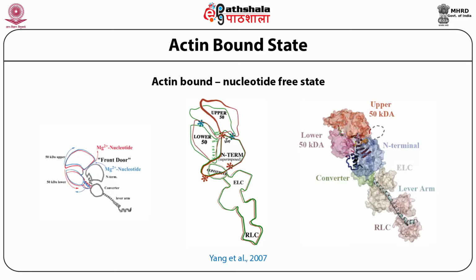Now here, once the lower 50 kilodalton domain and upper 50 kilodalton domain come closer and bind to actin, the nucleotide binding pocket, which is also called the front door, is now more accessible to exchange the nucleotide from ADP to ATP. Here, the rest of the structure is very similar to the near rigor state, and the only difference is the movement of the upper and lower 50 kilodalton domains in relation to the N-terminal domain.